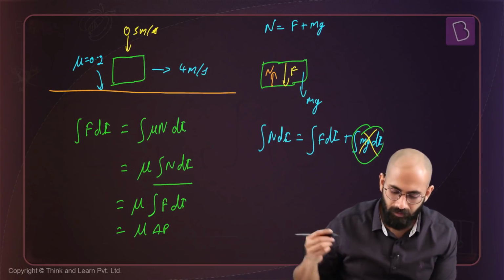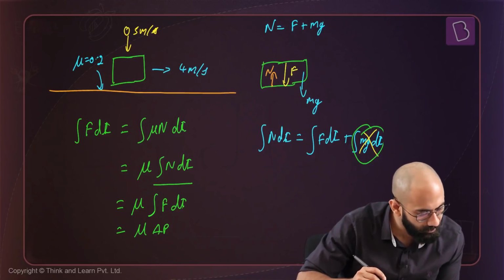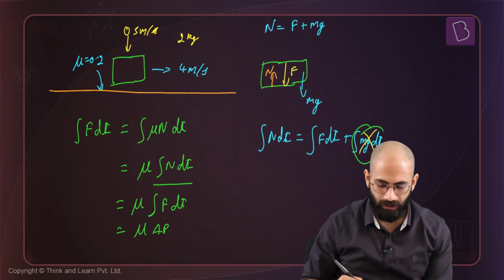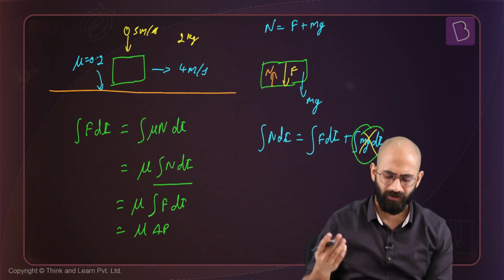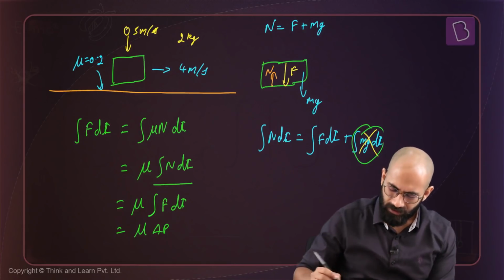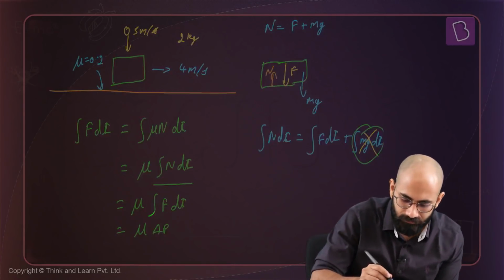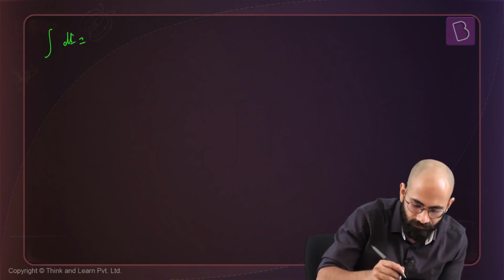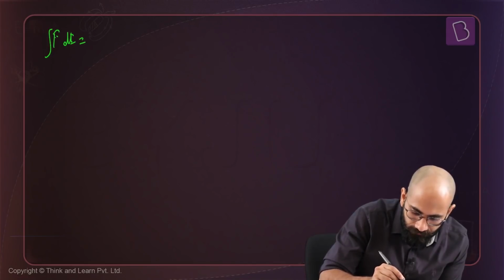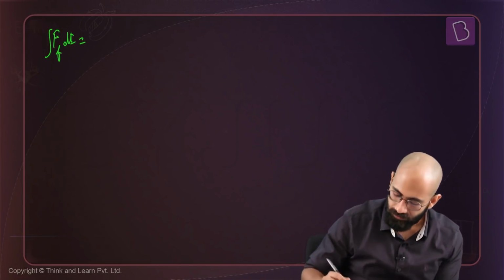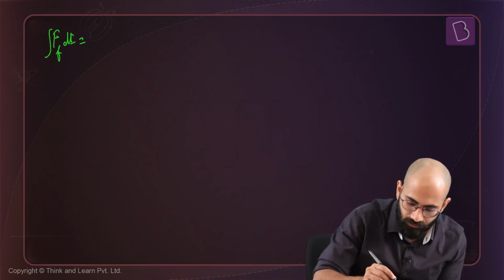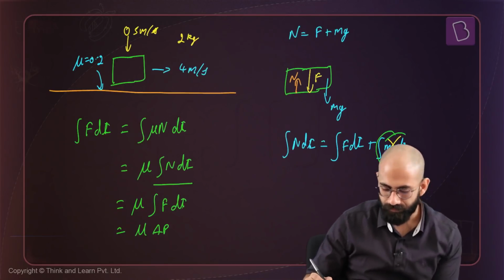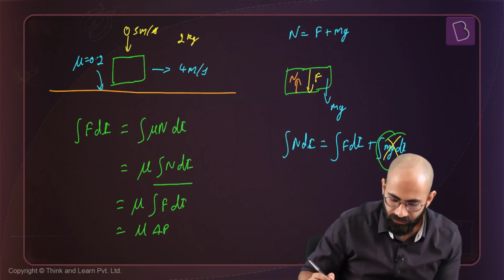We know that the mass of the ball is given to be 2 kg, right? So initially, just for simplicity, let's assume downward is positive. Then integral F dt, where this F over here is friction, let's not get confused, should be equal to mu, which is just 0.2, into change in momentum. Change in momentum will be mass into change in velocity.